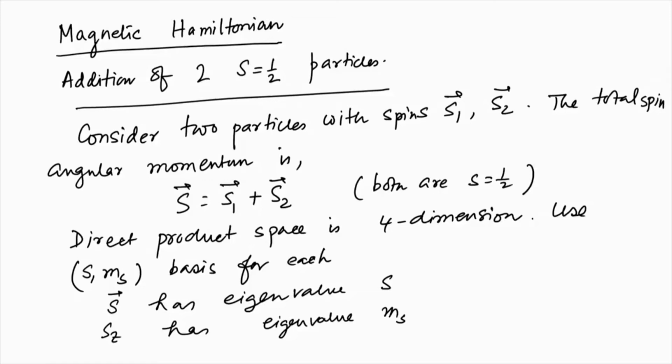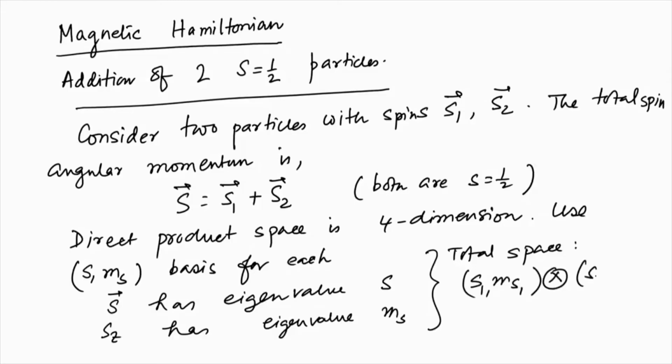The total space will be the product of two such S, MS, that is S1, MS1 and S2, MS2. Since we have spin half for each one of them, MS is equal to plus or minus half H cross.